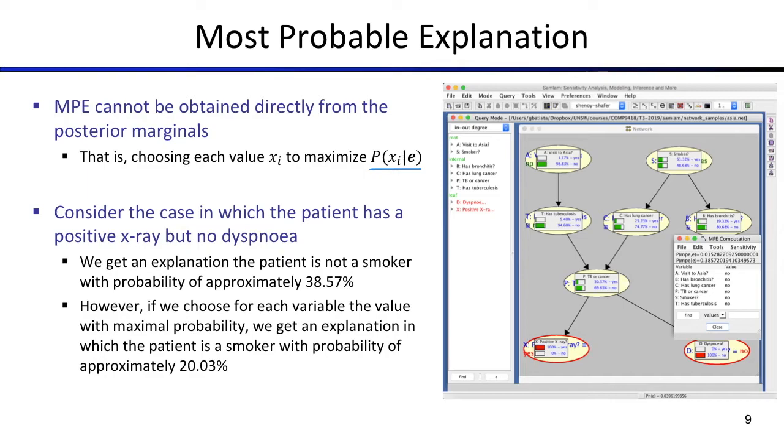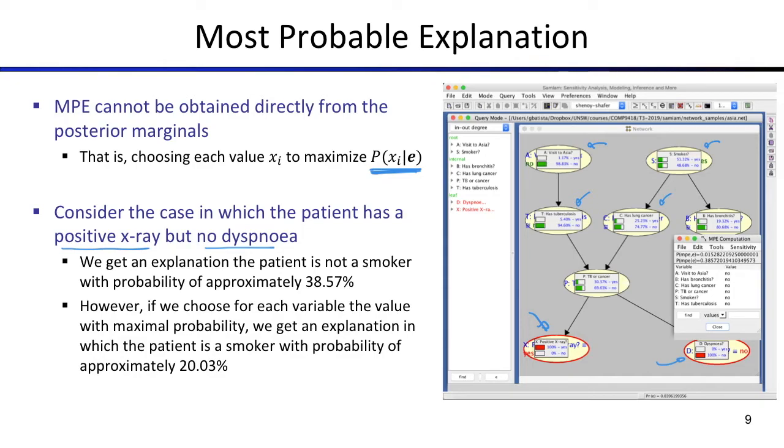We set the evidence that we have positive X-ray but no dyspnea. And we can look at that for most of the variables, and what SEMLAM is showing us here is exactly the probability for each variable individually given this piece of evidence. So it is exactly this quantity here, the probability of the variable given the evidence.